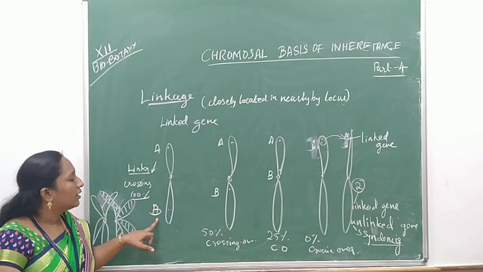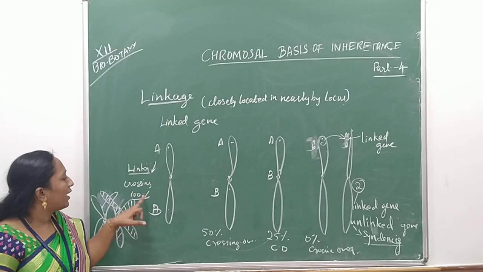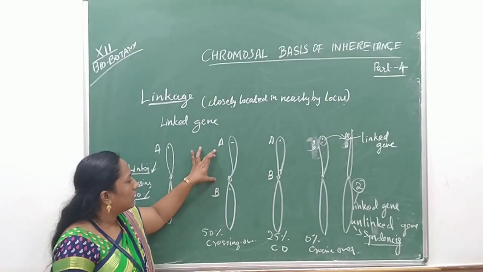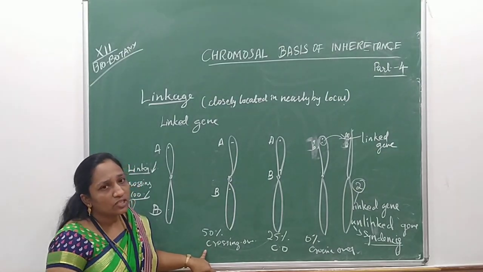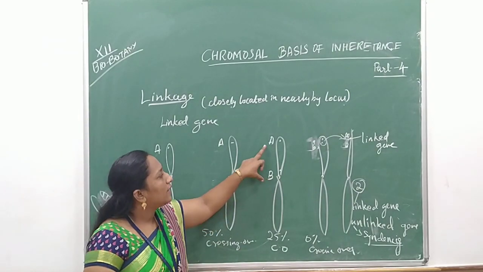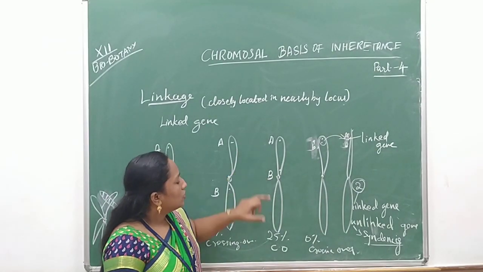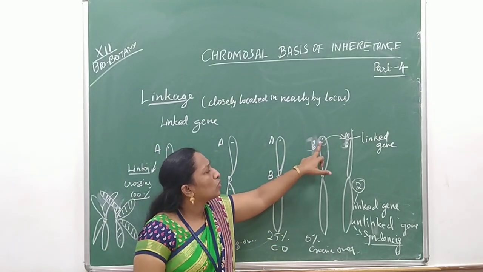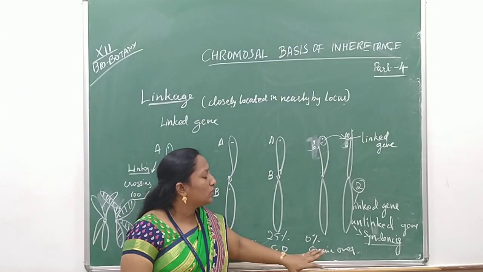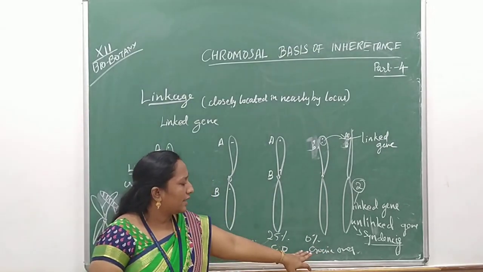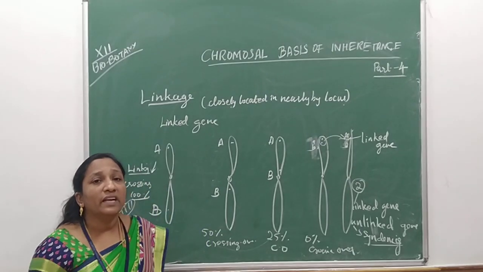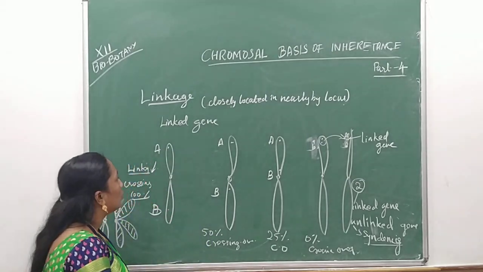If it is too far, these are unlinked genes with 100% crossing over chance. Here a little bit far, 50%. Here 25%. But here, so close, they are linked genes, so crossing over doesn't take place. Clear up to this, children? Okay, so let's learn what is meant by a linkage group.